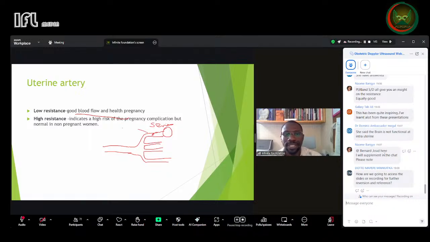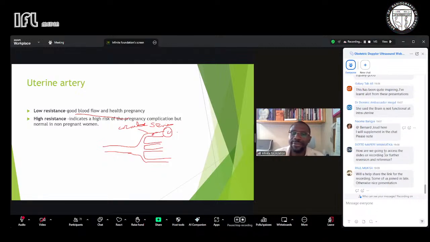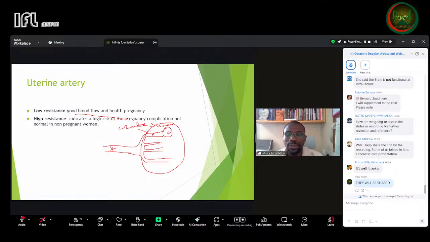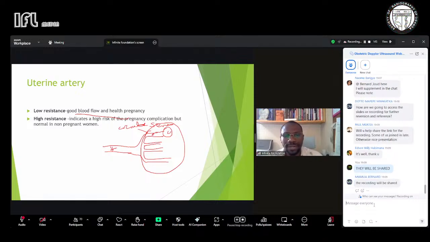For example, if you take the arcuate artery, we are going to focus on where that very artery is being served, but we need the collective resistance. So when we want collective resistance, we need to take our sample here such that we get the whole picture of what is happening all over there. So that's why we don't take individual small arteries. We take the artery that is serving that particular organ.